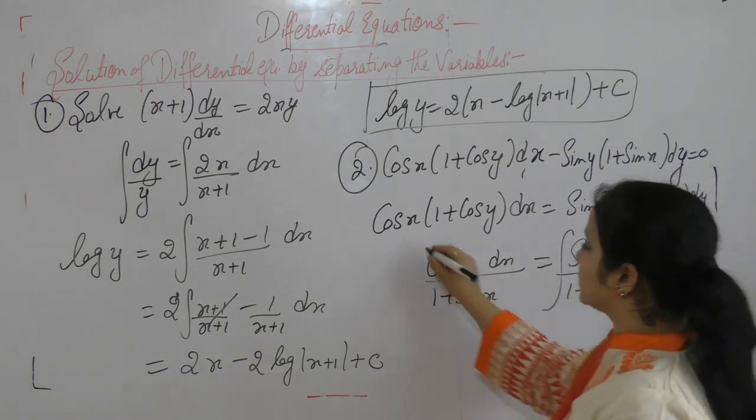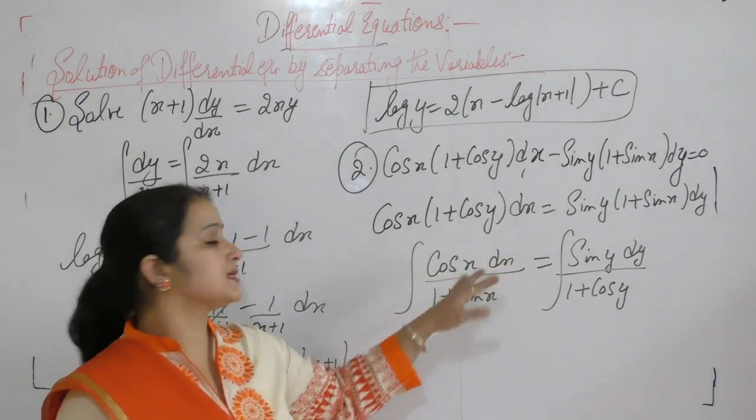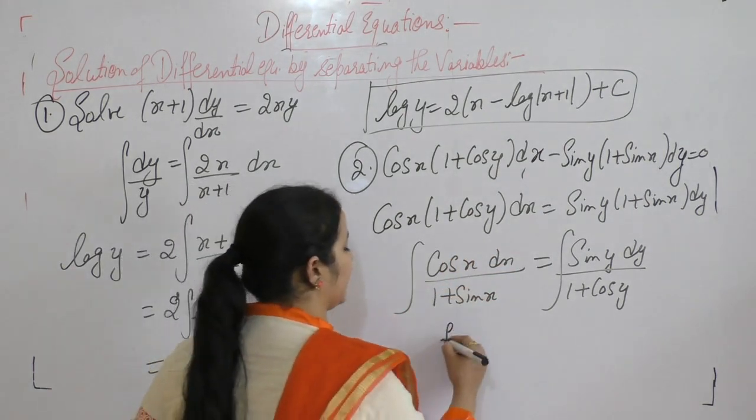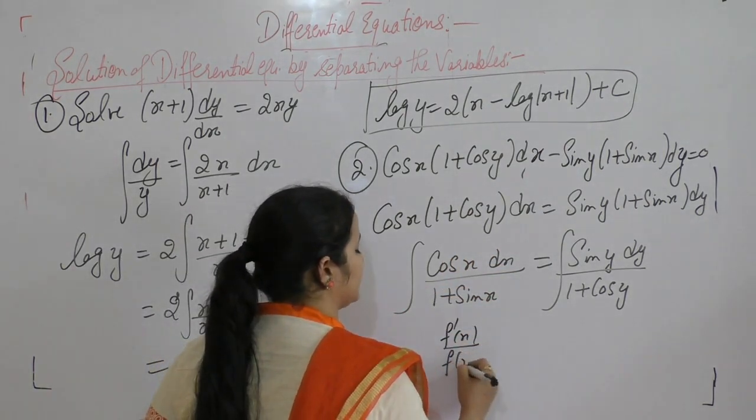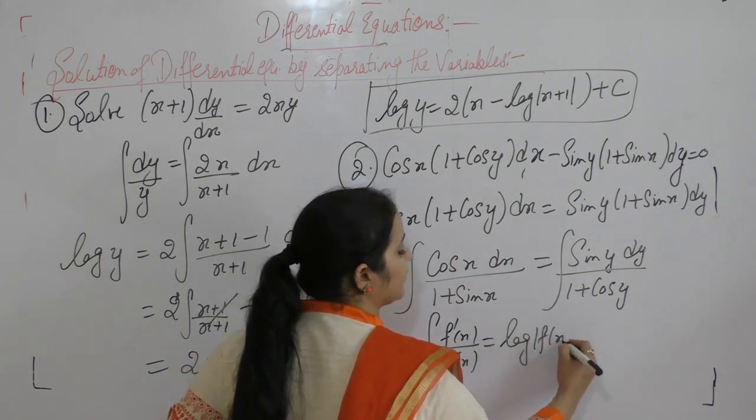Now integrate both sides. Now derivative of sin x is cos x and derivative of 1 is 0. So this is of the form f dash x upon f of x, and integral of f dash x upon f of x is log of f of x.